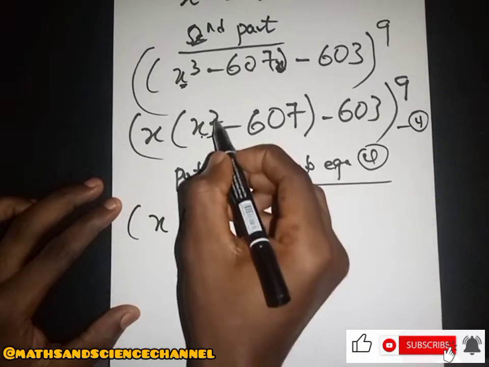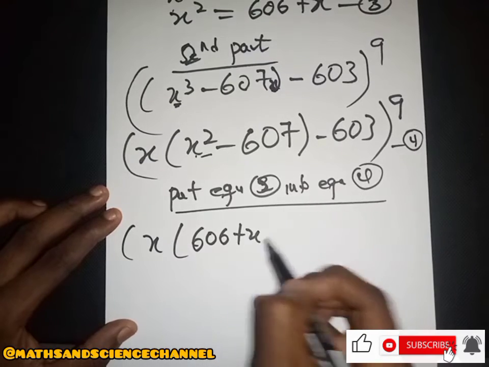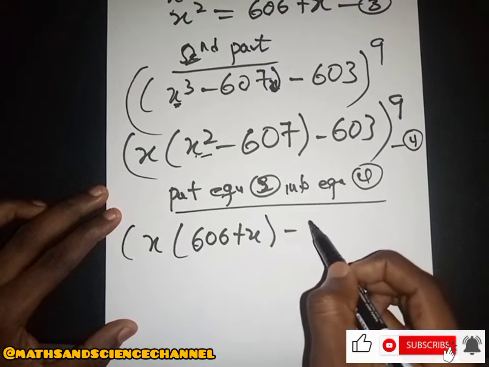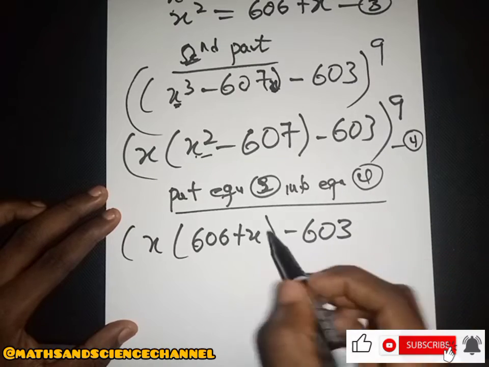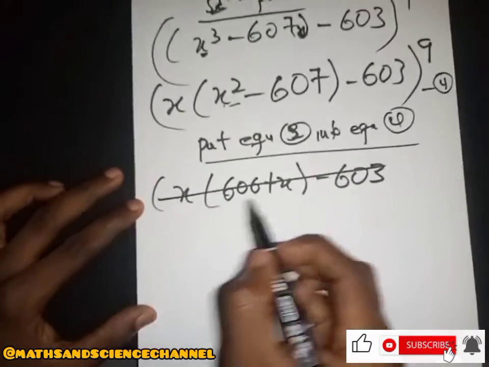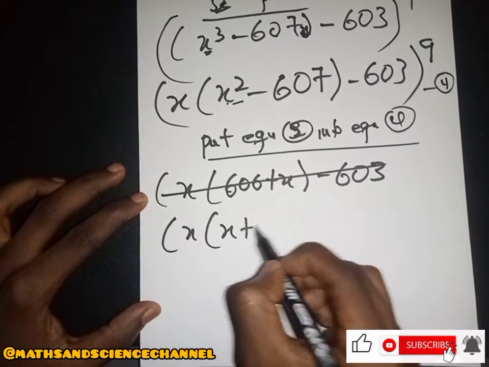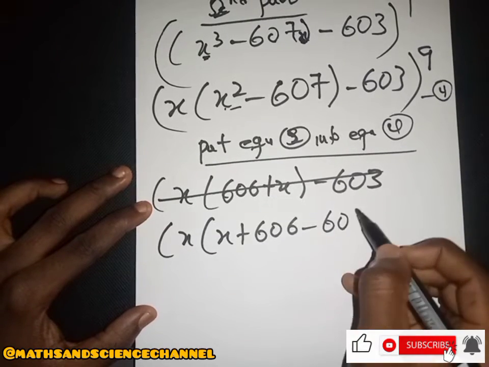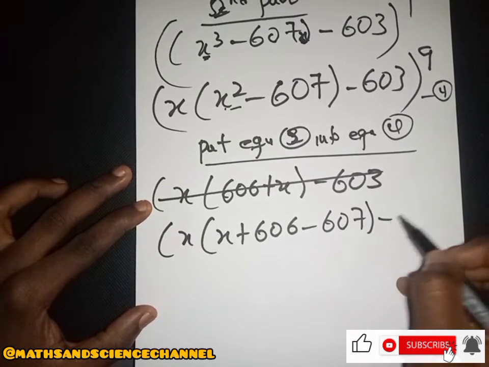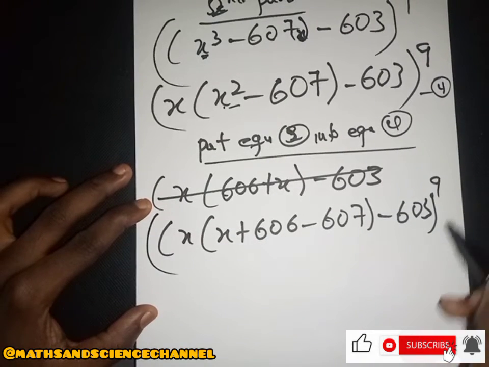Just doing that, we have x times (606 plus x minus 607) minus 603, remember, everything to the power 9.